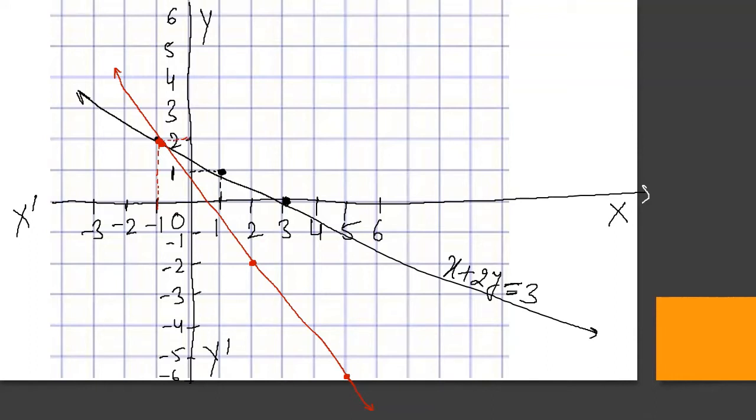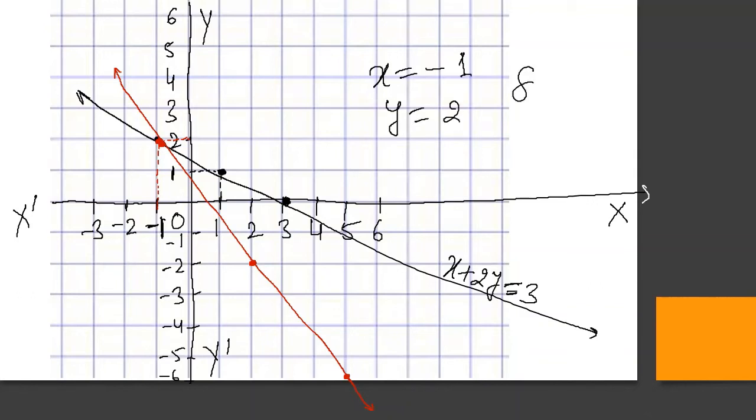So while drawing, where we are reaching, here we are finding minus 1. So this minus 1 means x is equal to minus 1 and y is equal to 2.